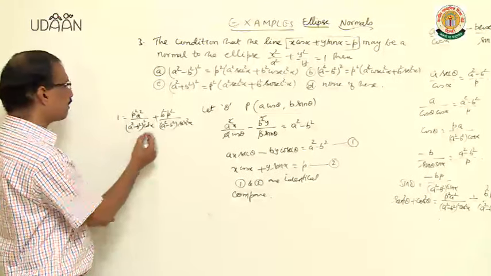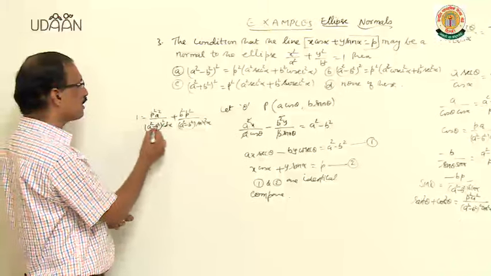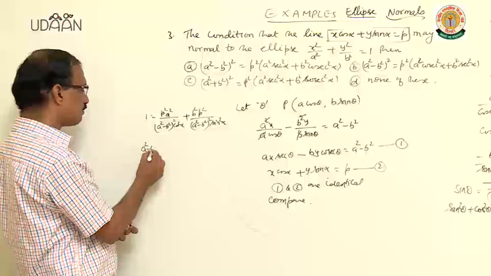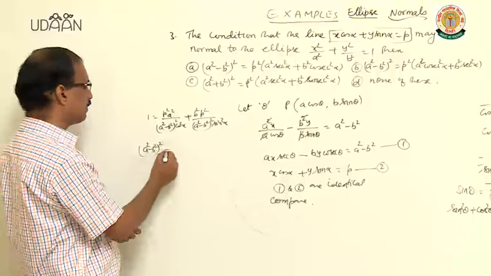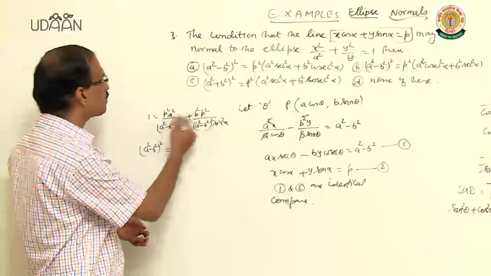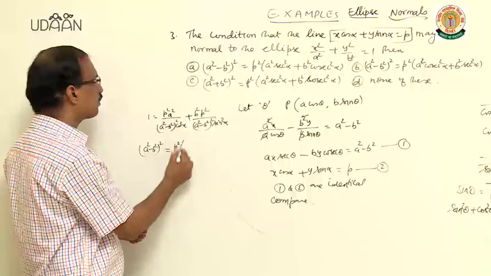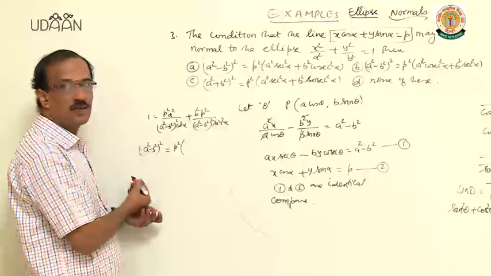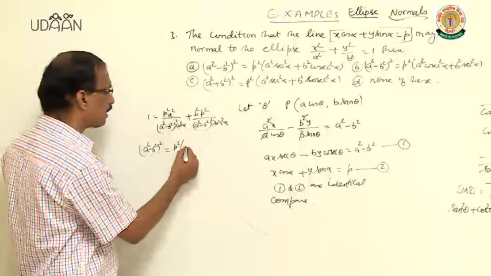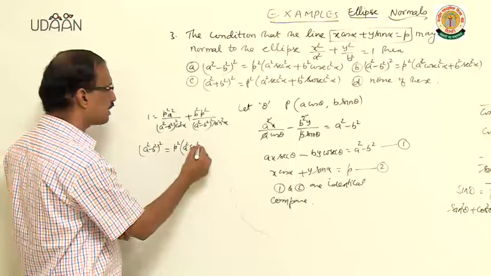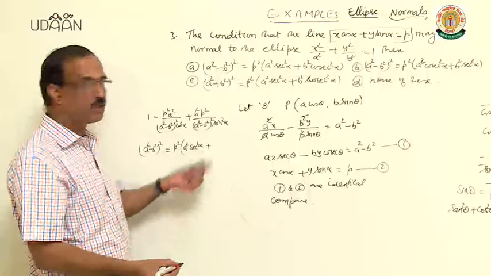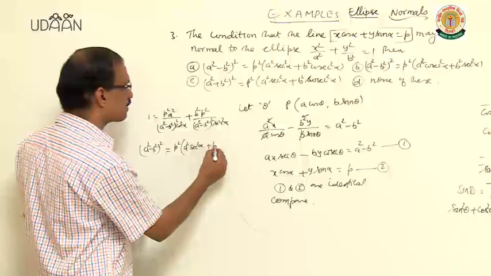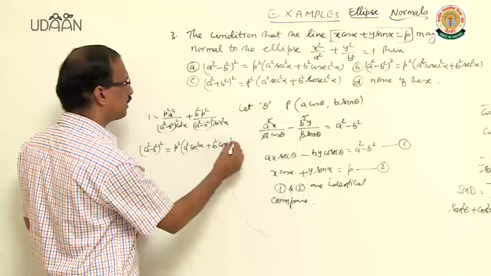So now from this you can take a square minus b square the whole square to this side. That is, a square minus b square the whole square equals, from these two you have a common p square out, and left with a square upon cos square alpha, which can be written as a square sec squared alpha, plus here what is left? b square upon sin square alpha, that means b square cosec squared alpha.